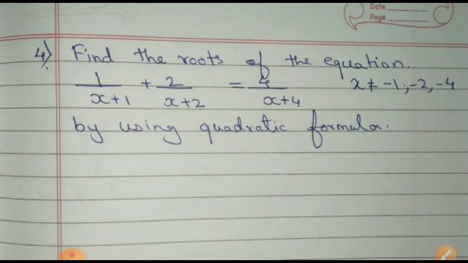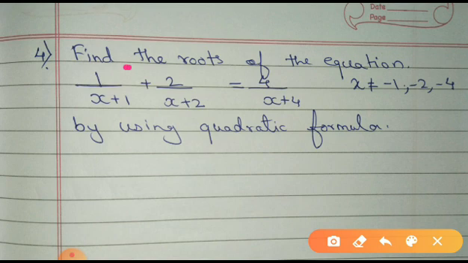Next, find the roots of the equation 1 by x plus 1 plus 2 by x plus 2 is equal to 4 by x plus 4 using the quadratic formula. Which will be easier to do? Can I take any term here as y?